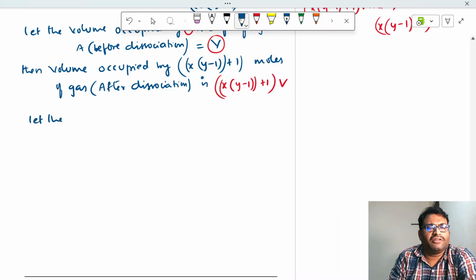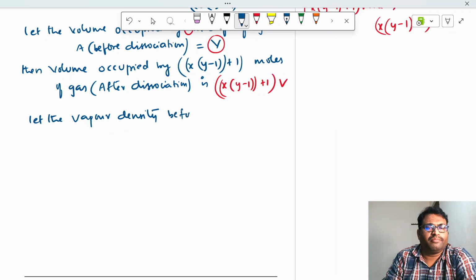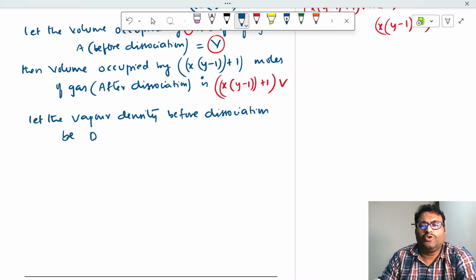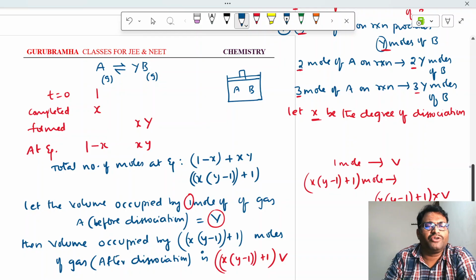Next, let the vapor density before dissociation be D, capital D. Who is present in the container before dissociation?